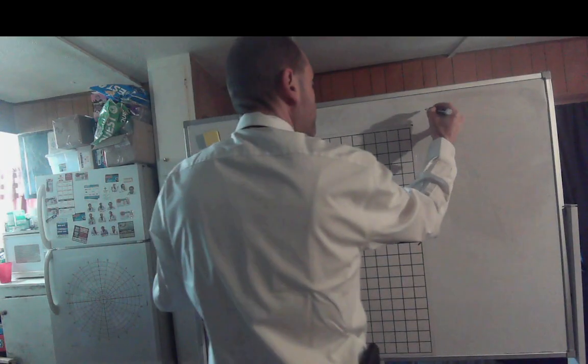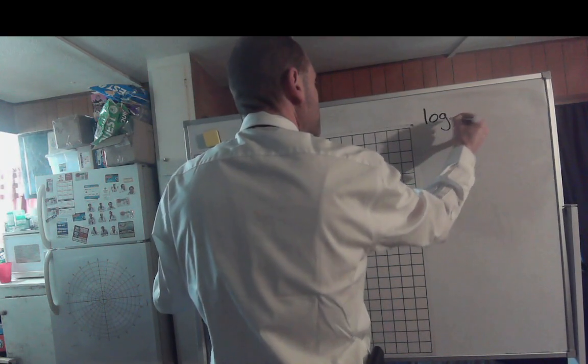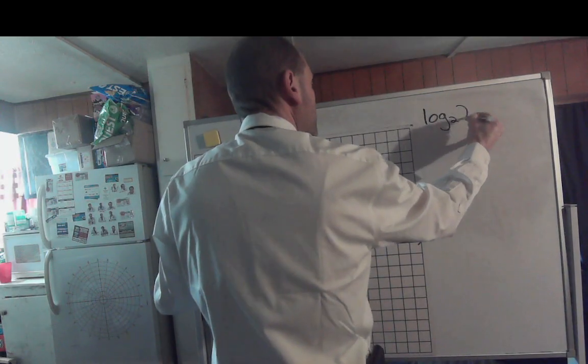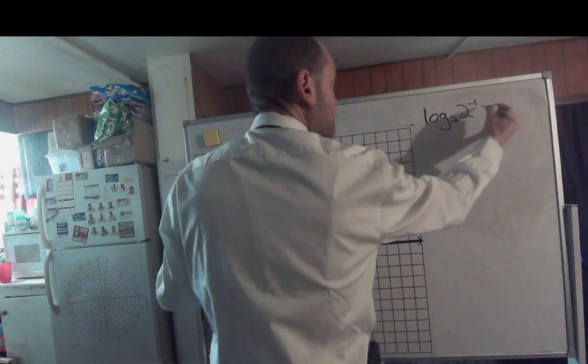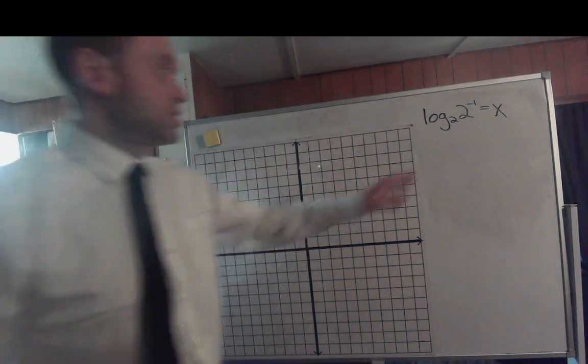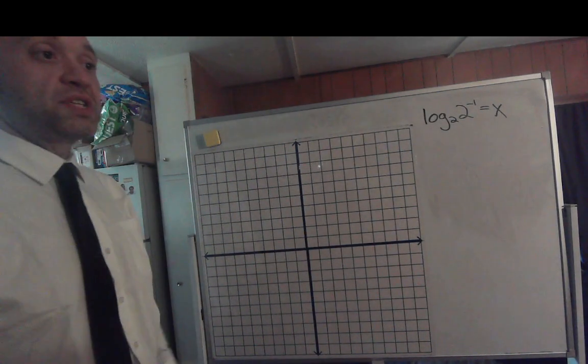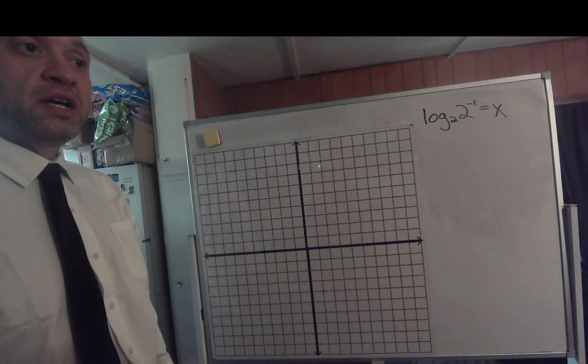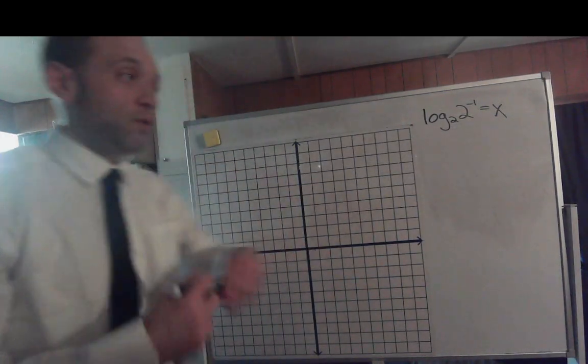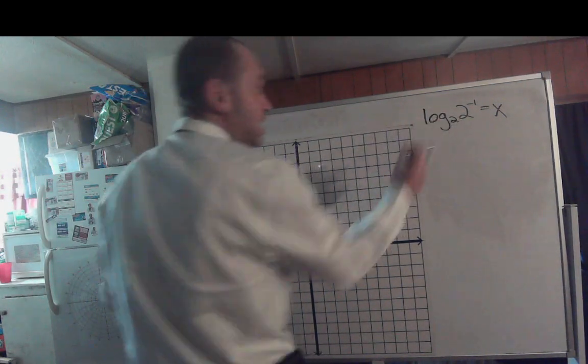So we have log base 2 of 2 to the negative first equals x. Since we're taking the log of a number to a power, that power can come down front and be multiplied by the logarithm.